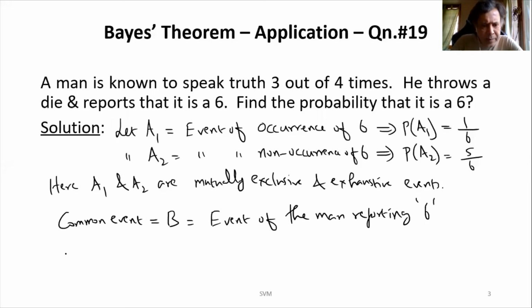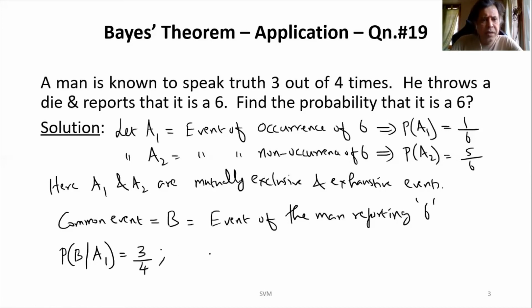So I can say what is probability of B when it is actually 6 has occurred. See, the question says that he is known to speak truth 3 out of 4 times. So this is actually a truth, means actually 6 occurred and this fellow is also saying 6. So I can say that is nothing but 3 out of 4.